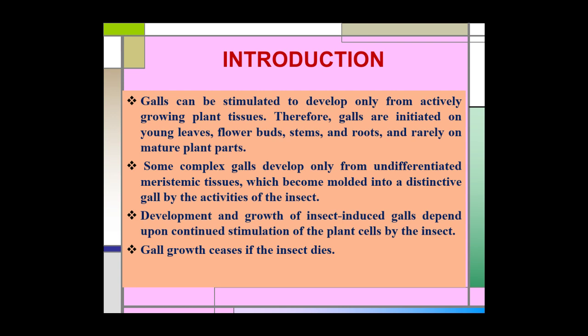Some complex galls develop only from undifferentiated meristematic tissues which become molded into a distinctive gall by the activities of the insect. Development and growth of insect-induced galls depend upon continued stimulation of the plant cells by the insect. Gall growth ceases if the insect dies.